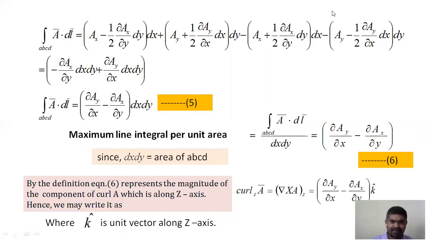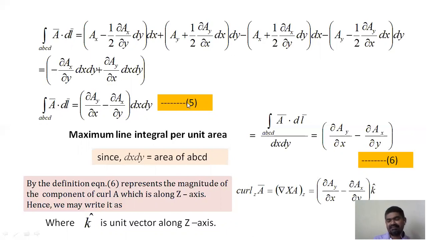After simple mathematical addition and subtraction, we got only two terms here: minus dou AX by dou y into dx dy, plus dou AY by dou x into dx dy. In these two terms, I find dx dy is common. Just take it out, and rearranging the terms, the positive term is written in front. Therefore, dou AY by dou x minus dou AX by dou y, into the common term dx dy.